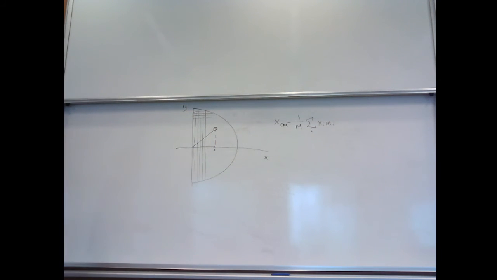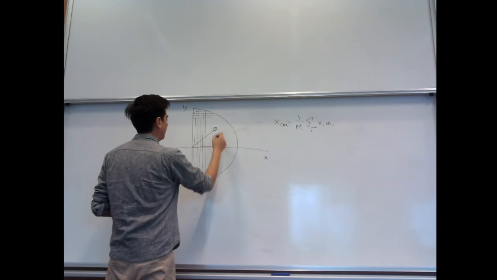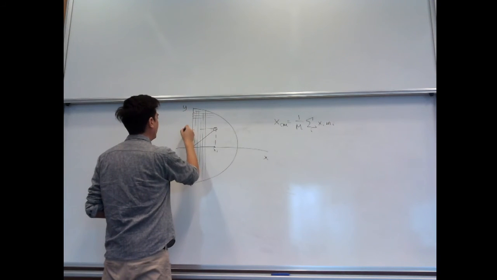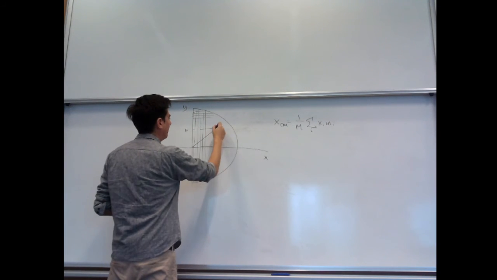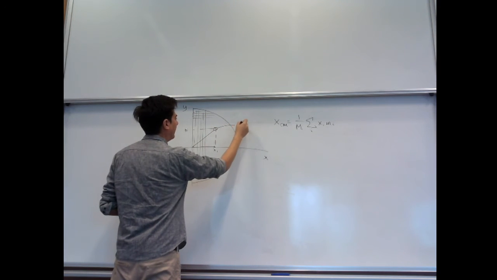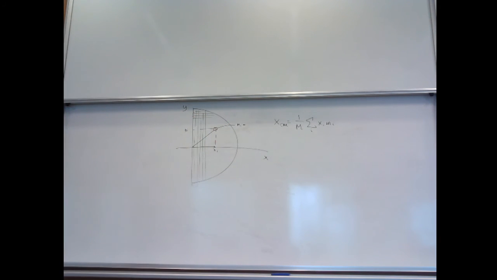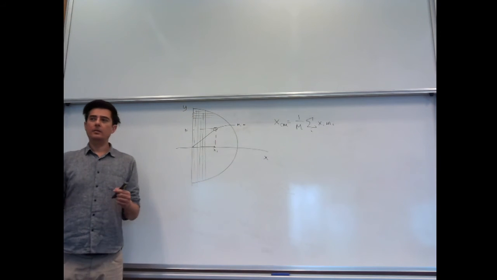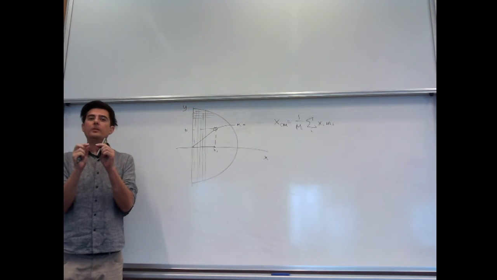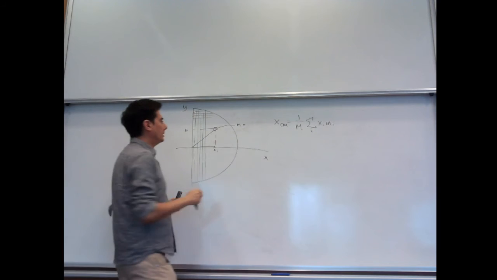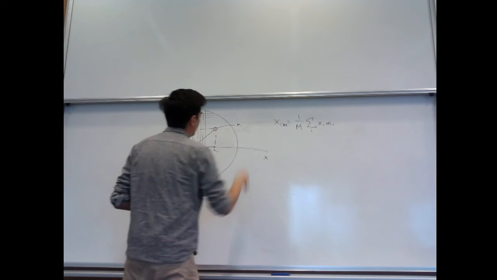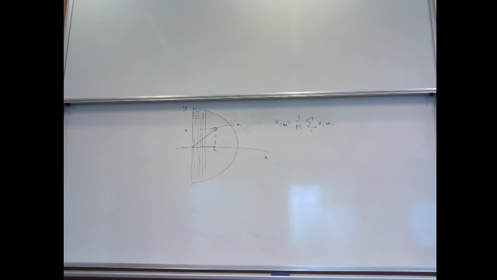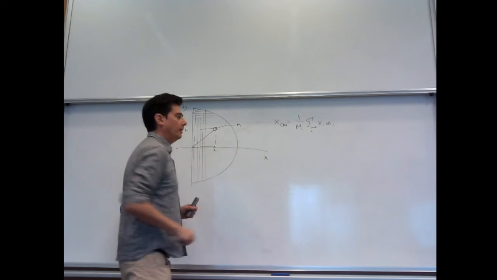So the x_i of this would be that position, and the mass of this thing would be m_i, which would depend upon how small you chopped your pieces up into. So the small piece that you're chopping the thing into would be m_i.